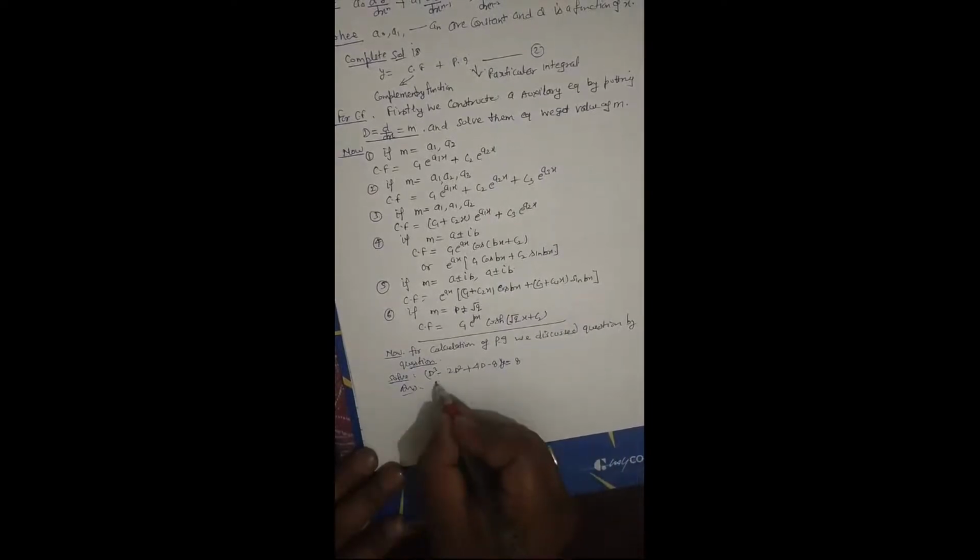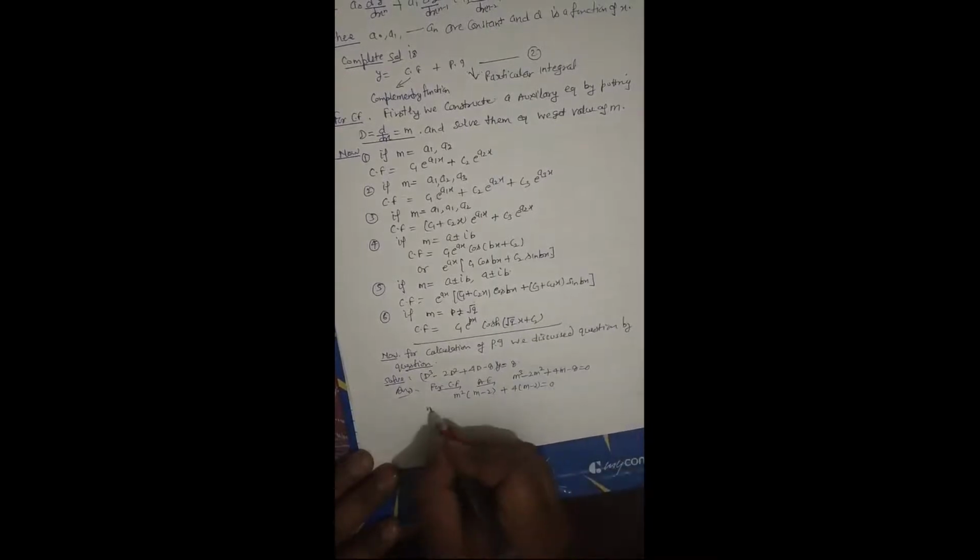Answer: for CF, the auxiliary equation, by putting D equal to m, is m^3 minus 2m^2 plus 4m minus 8 equal to 0.